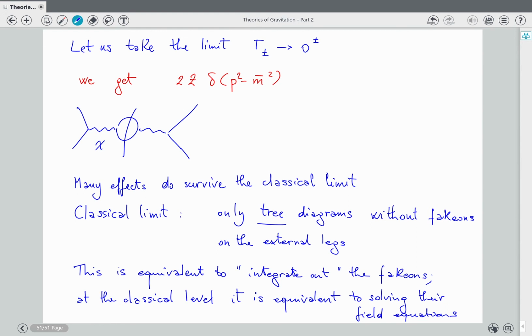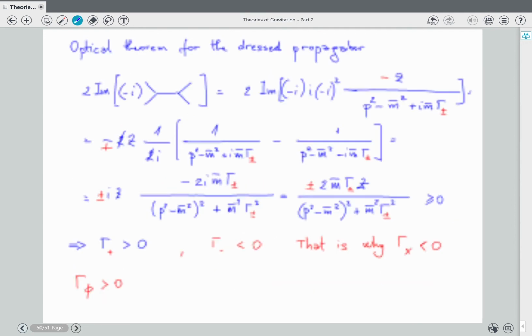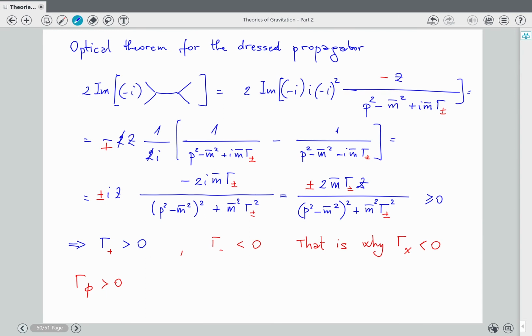Well, we have something to specify about this, because when you solve the field equations of a particle, you have to introduce initial conditions, for example, position and velocity. And for the fake particle, you don't have initial conditions. That's the point, because everything is given already by the quantization prescription.